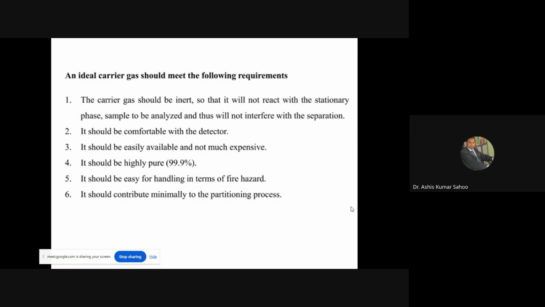It should be compatible with the detector, easily available and not very expensive. It should be highly pure, 99%, with no impurities. It should be safe to handle in terms of fire hazard. It should contribute mainly to the partitioning process. So these are the different conditions for an ideal carrier gas.